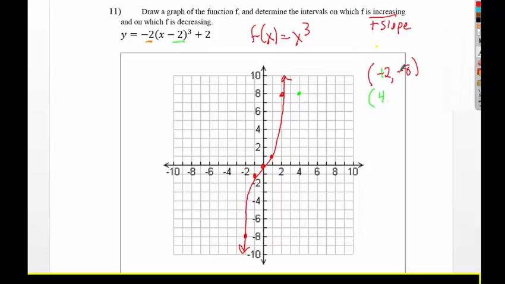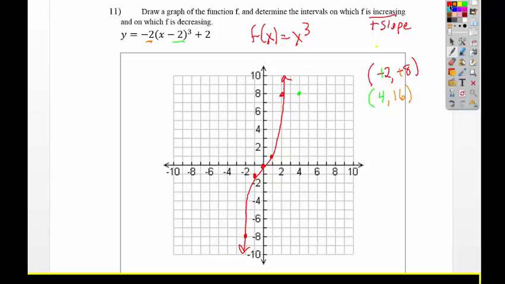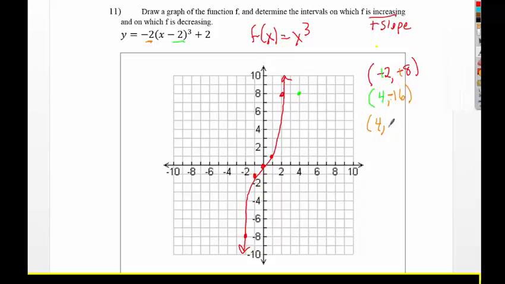So instead of being a positive 8, it's going to be a positive 16. Then it's going to flip it upside down, so it's going to make this a negative. And then it's going to move it 2 more up. So it would be at 4, and moving it 2 up would make it negative 14. So that point at 4 would be way down here at negative 14. So this point that was right there is now way down here.